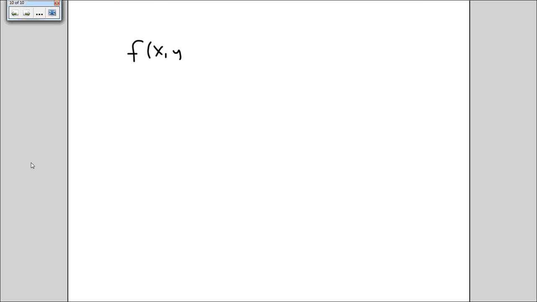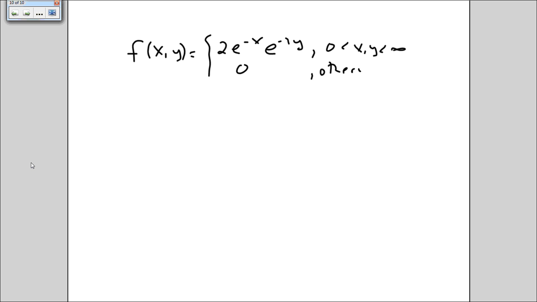Again, f of x, y is 2e to the negative x, e to the negative 2y, when x and y are both less than infinity. And you get 0 otherwise, elsewhere.